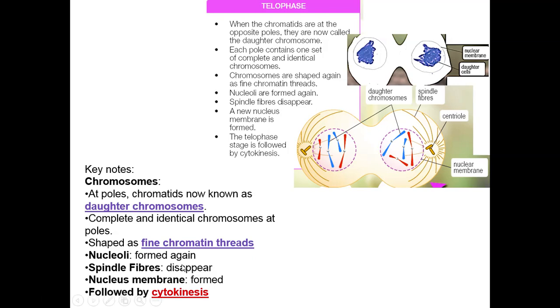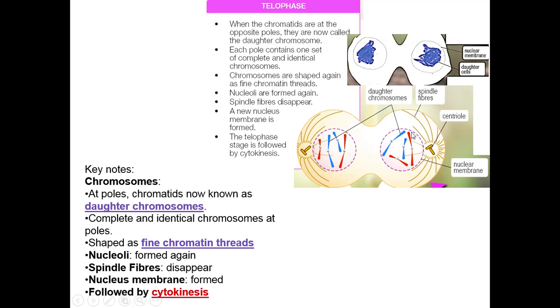Nuclei start to form again. Spindle fibers start to disappear. Nucleus membranes also form, and it will be followed by the cytokinesis. So you can see that here are the daughter chromosomes. Okay, you can see the number of chromosomes is still 4 as the parent. The only difference here is the structure of the chromosome.